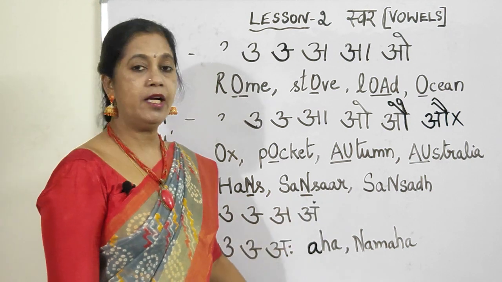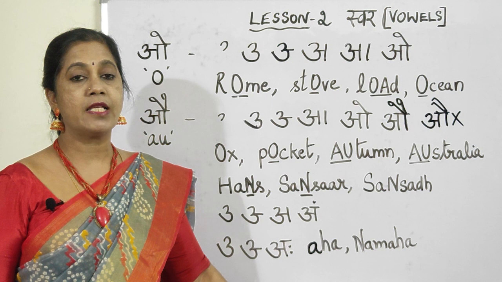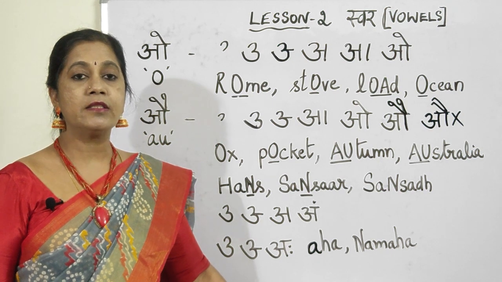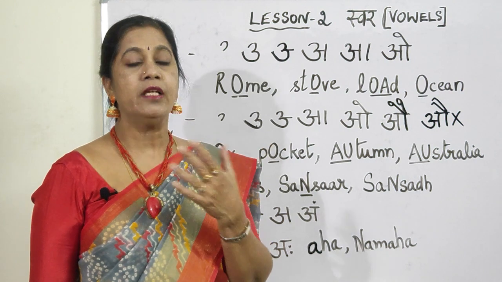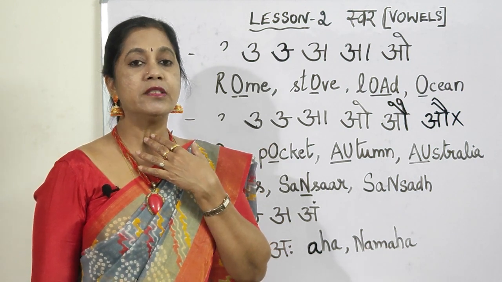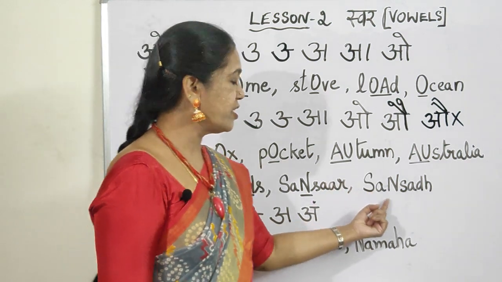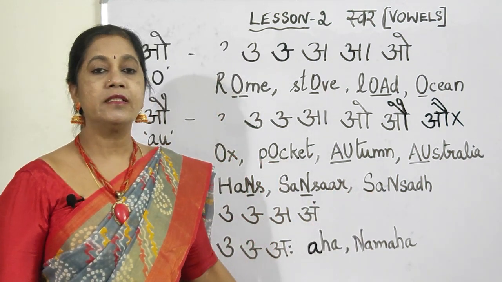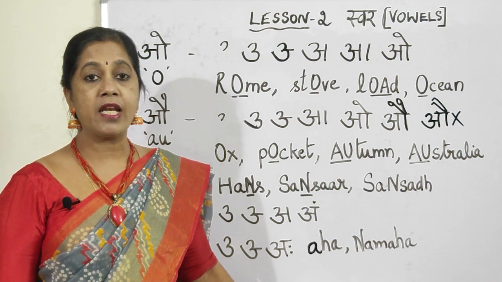Hans. Now see here. Sansar. It's not samsar. It is sansar. It's sounding here. It is not coming like the regular na. It sounds from here. If you say it, you'll know it. Now this is another one. Sansad. It is not sun.